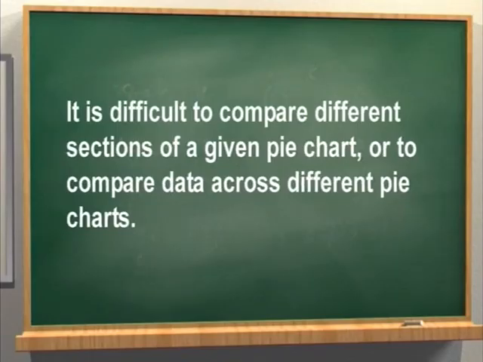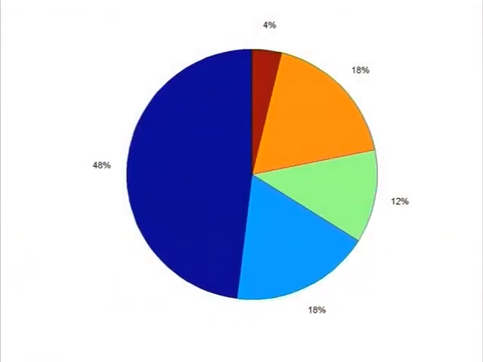However, it has been criticized and some recommend avoiding it, pointing out in particular that it is difficult to compare different sections of a given pie or to compare data across different pie charts. Pie charts can be an effective way of displaying information in some cases.